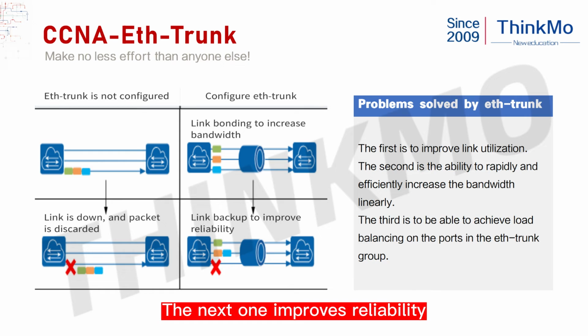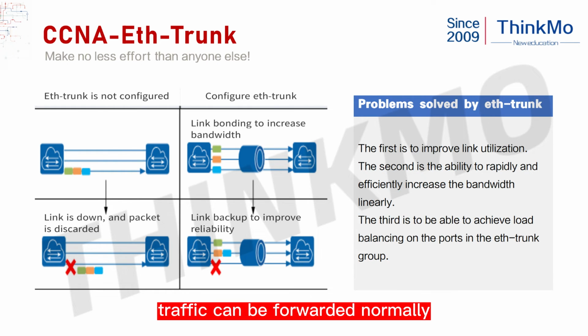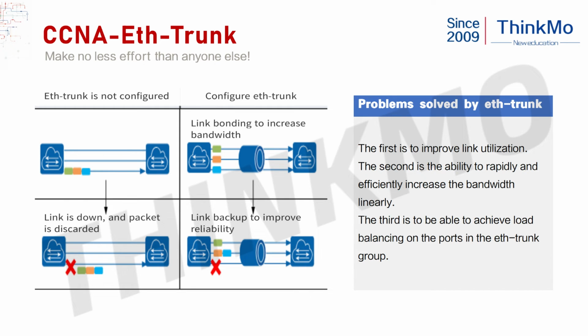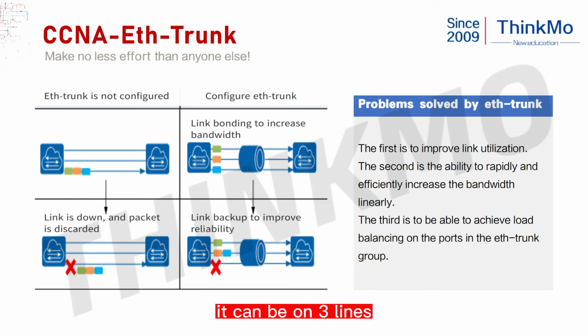The next one is improved reliability. It's essentially redundancy, which I've already mentioned. If one link fails, traffic can still be forwarded normally. This is what improves reliability. Then there is load sharing. Load sharing means that within the link aggregation group, the three physical ports, when tied up, can share data across the three lines.